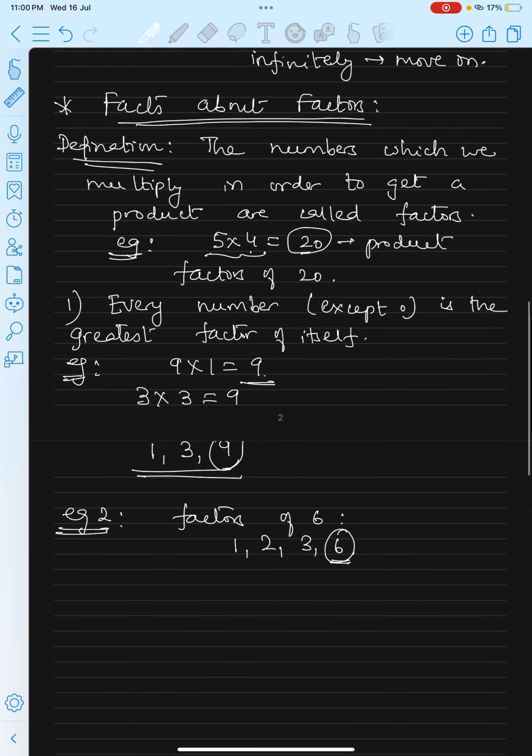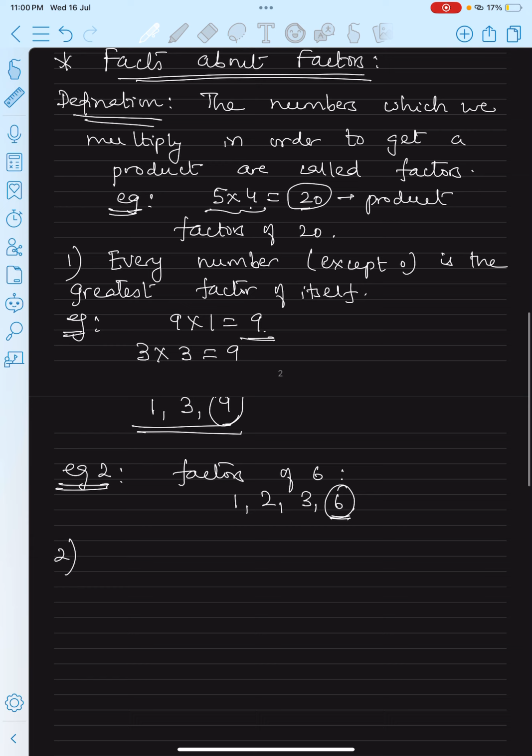Now, the second fact is 1 is the smallest factor of every number. This is also very simple. How?